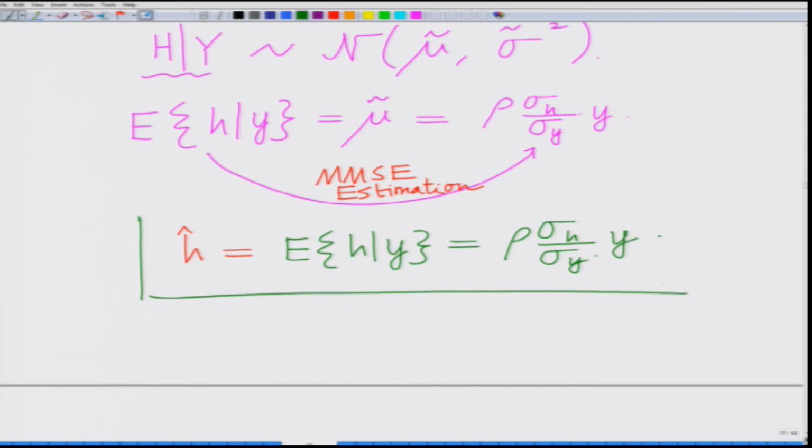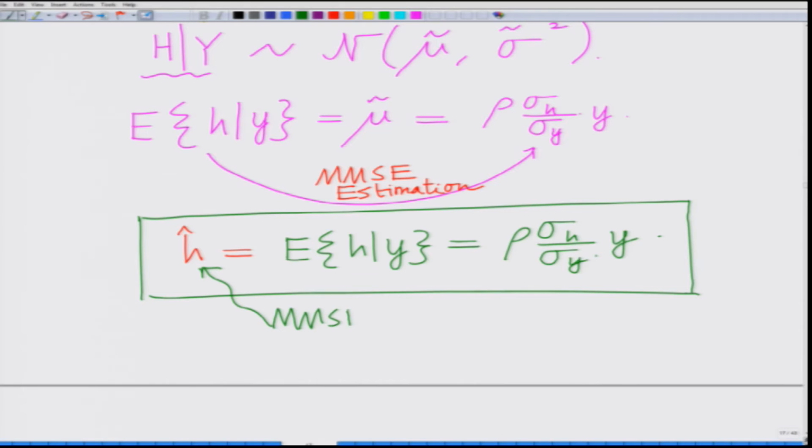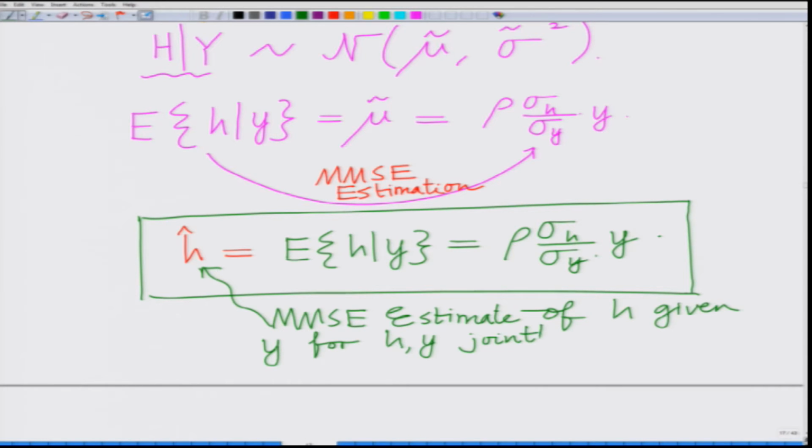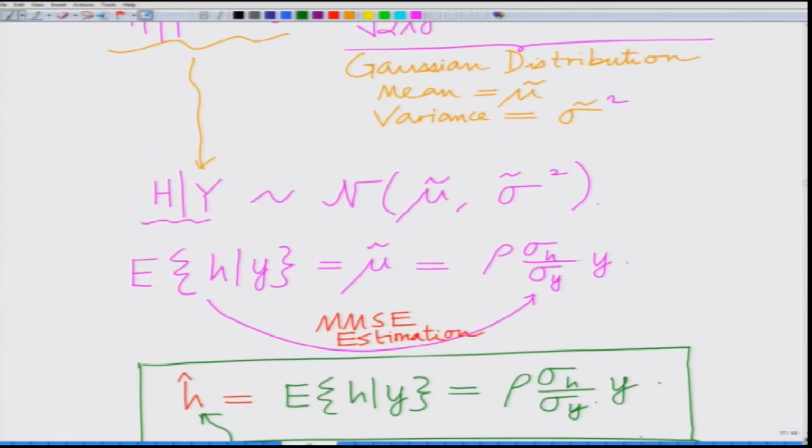This is the MMSE estimate of h given y, when the parameter h and the observation y are jointly Gaussian random variables, all right.